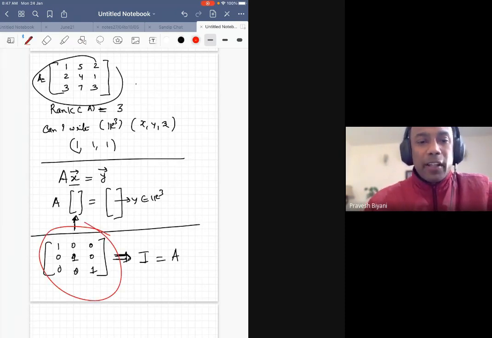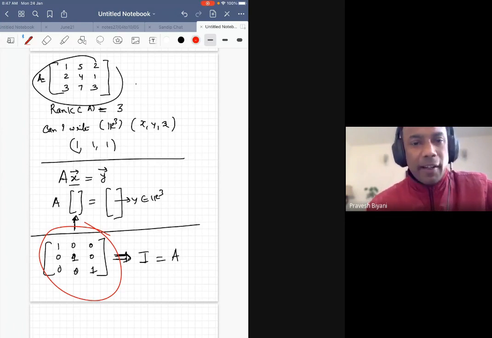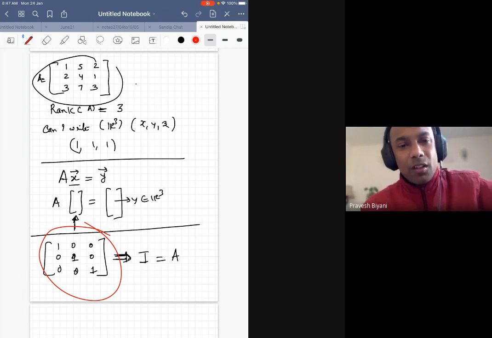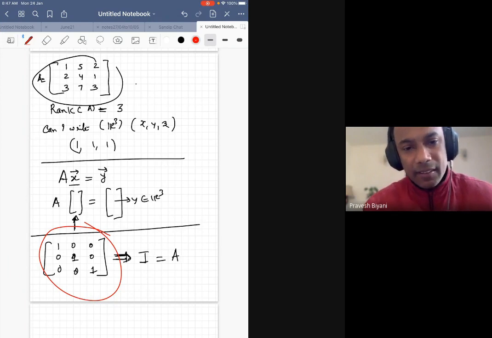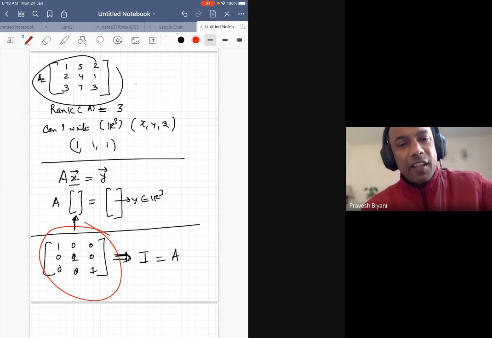Of course, it will have a different linear combination, but I can have a different matrix with the same space.